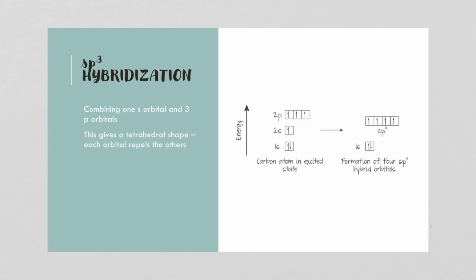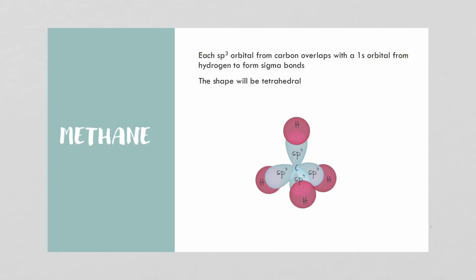So if we take a look here, this is still carbon. Now it forms 4 sp3 hybrid orbitals. So we have our 1s2, and then we have 4 sp3 hybrid orbitals. So 1 s and 3 p's. Methane is an example that uses sp3 hybridization.